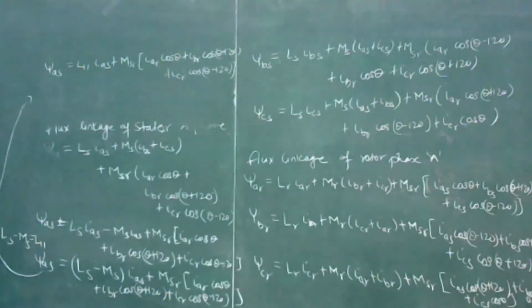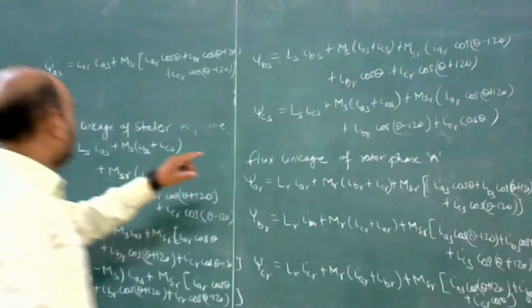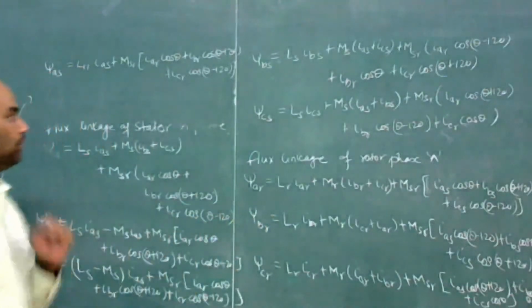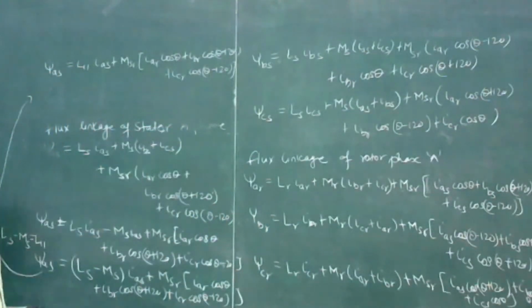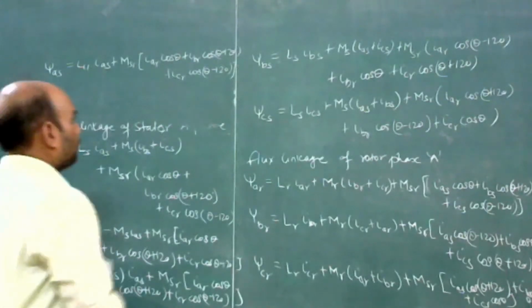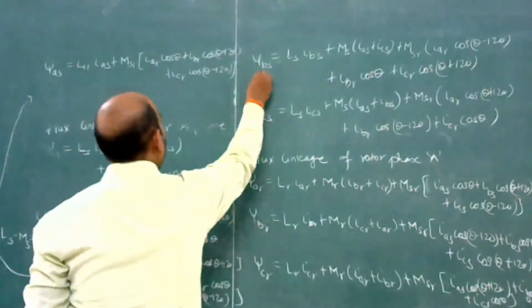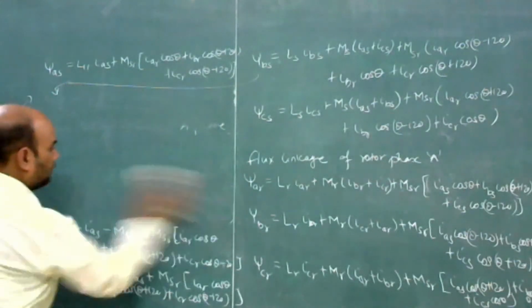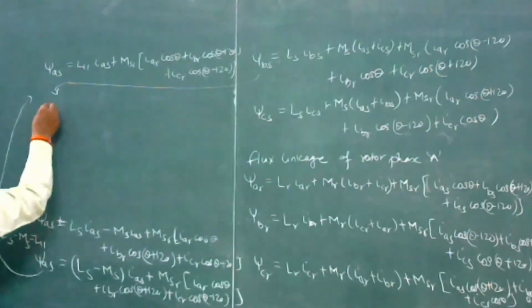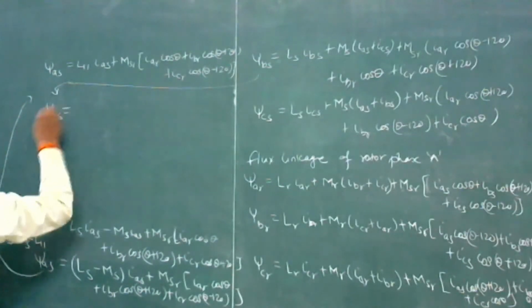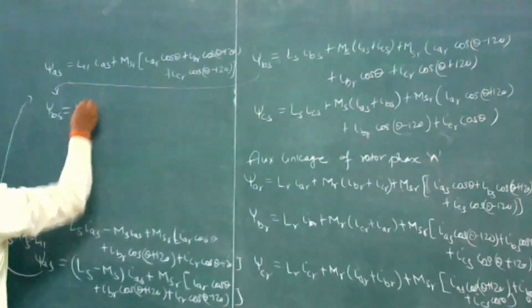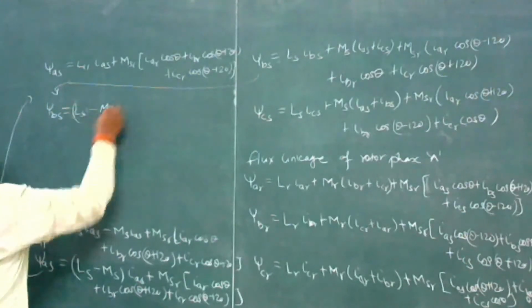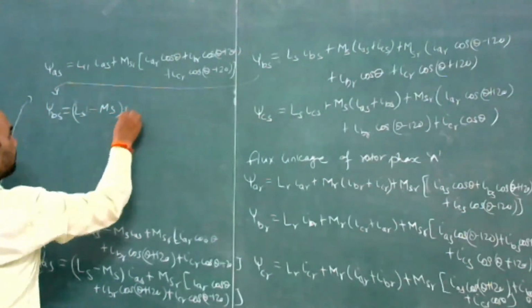Now similarly here, this is IAS plus ICS. So we can write it as minus IBS. So IBS will be equal to LS minus MS into IBS.